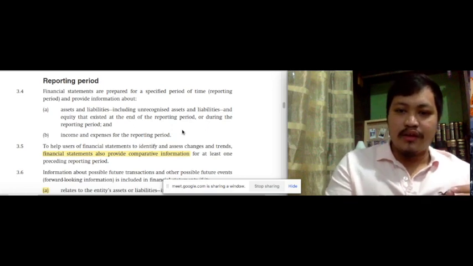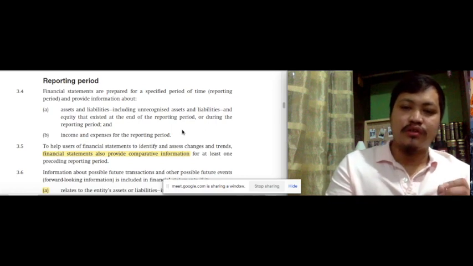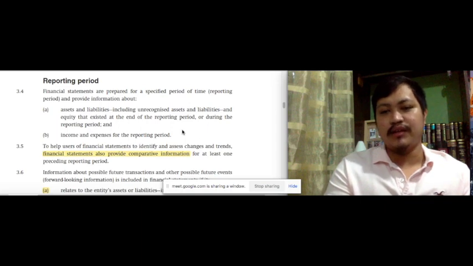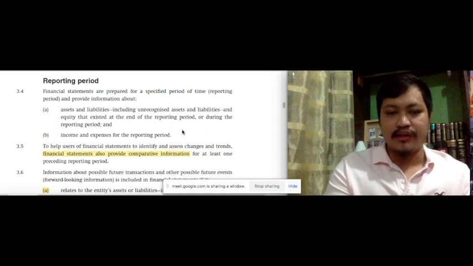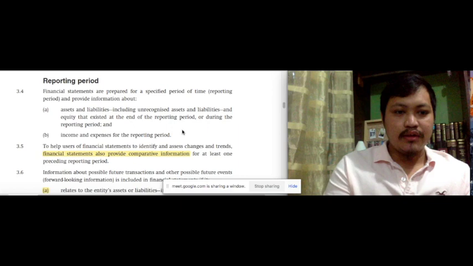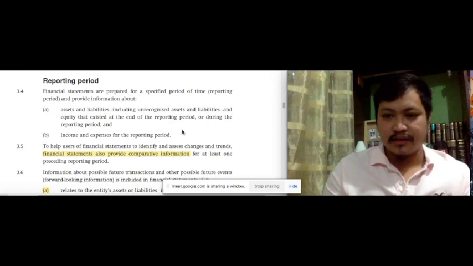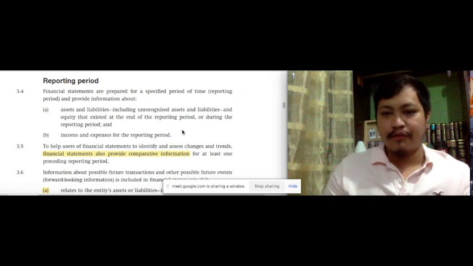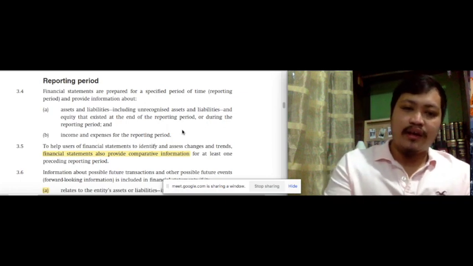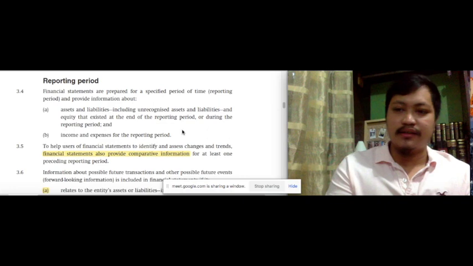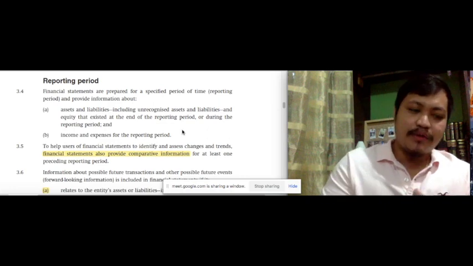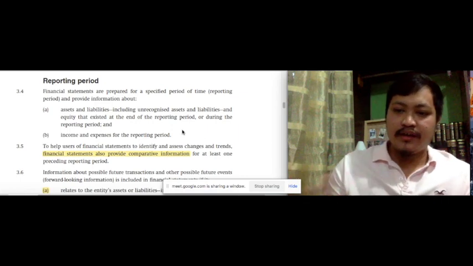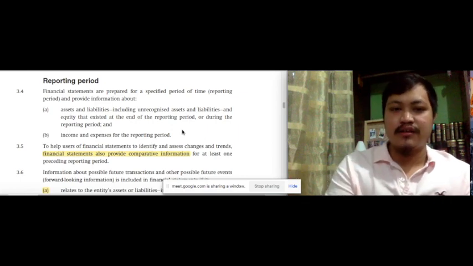Okay. The conceptual framework, class, mentions only one underlying accounting assumption, and that is your going concern assumption. Going concern assumption tells us that the reporting entity is expected to operate in the foreseeable future. Okay, and this assumption is important, class, because this basically tells us that it's okay for us to provide useful lives to our assets.